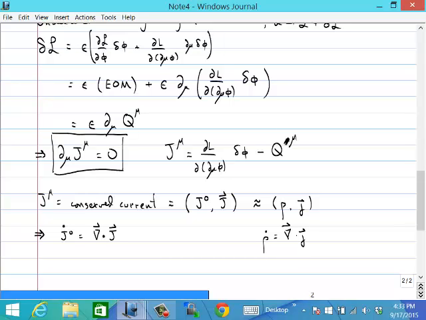It says that rho is some sort of local charge density, and J is a current, and the amount that rho is changing at some point in space-time is equal to the amount of current flowing out of that region. That's something that you probably saw in your electromagnetism class.